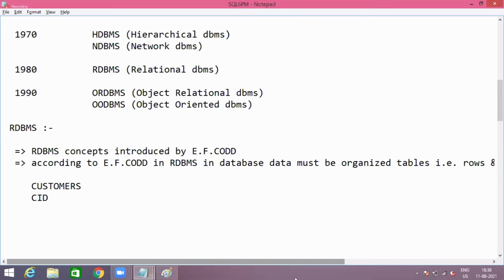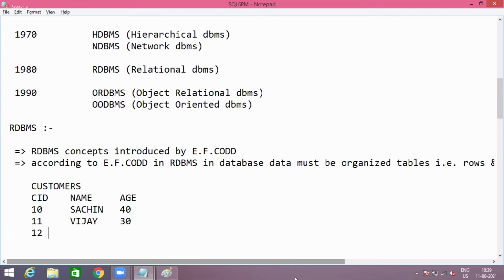Inside the database, you store customer ID, customer name, and the age of the customer. Customer ID is 10, customer name is Sachin, age 40. Then customer 11, Vijay, age 30.